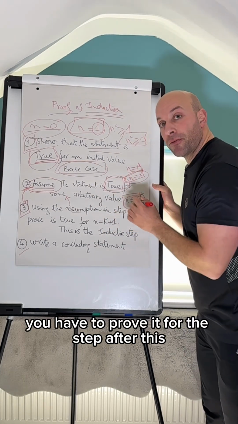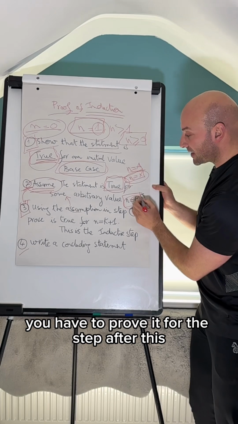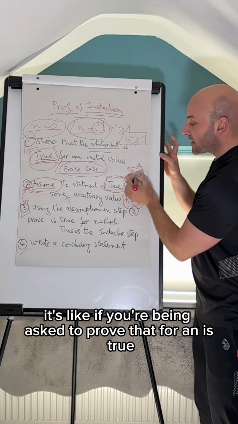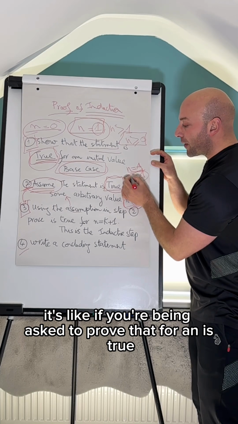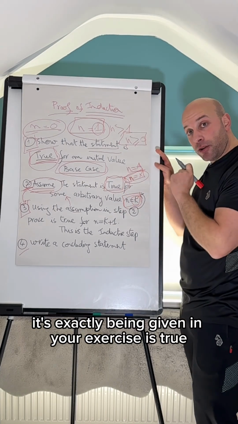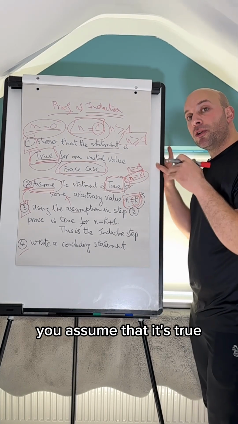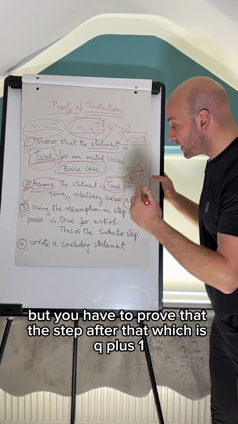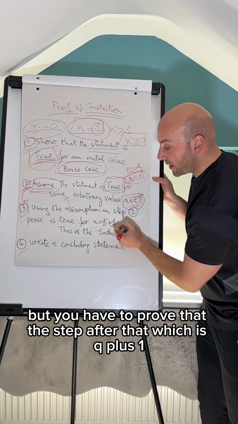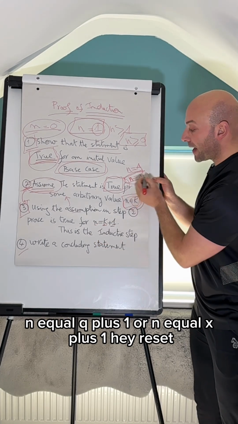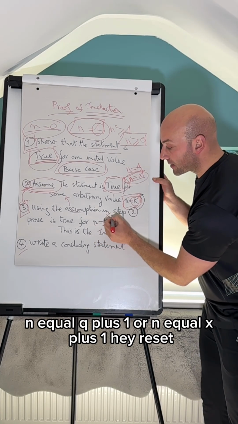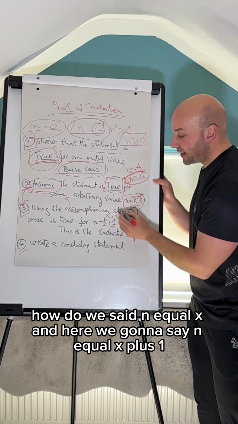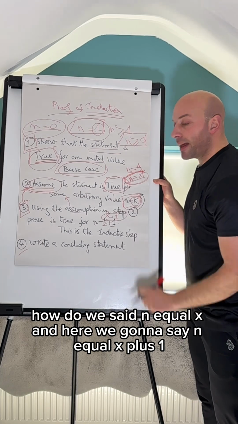You have to prove it for the step after this. It looks slightly weird. What I mean is, if you're asked to prove that it's true for n, exactly as given in your exercise, you assume that it's true, but you have to prove that the step after that, n equals k plus 1, or n equals x plus 1, is true. Here we said n equals x, and here we're going to say n equals x plus 1.